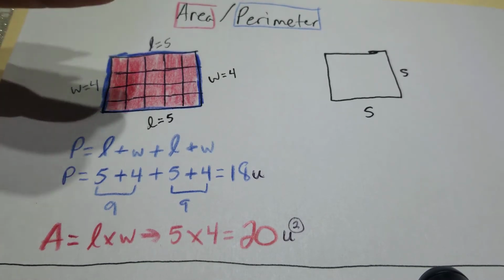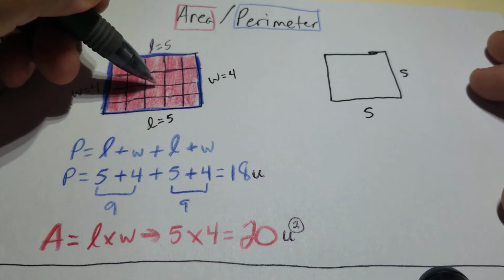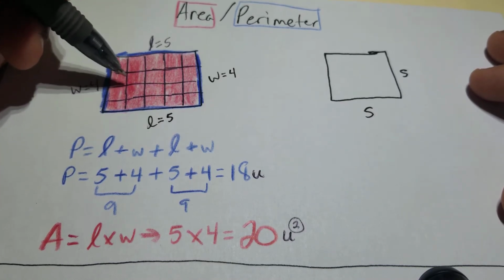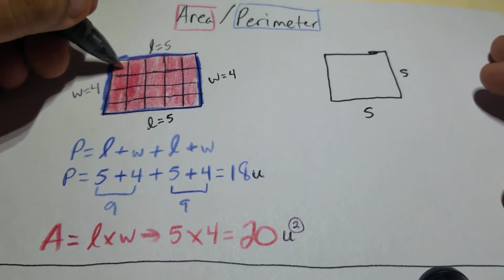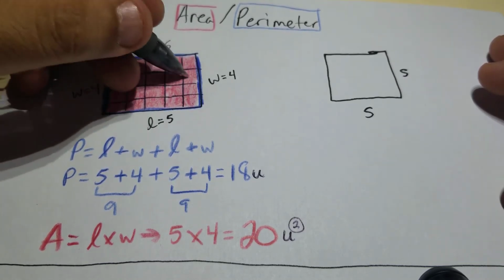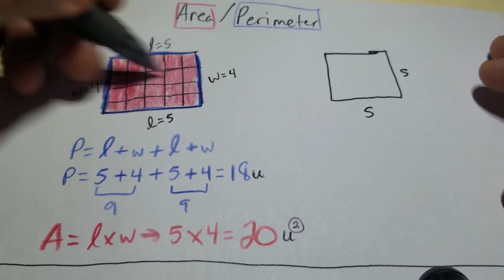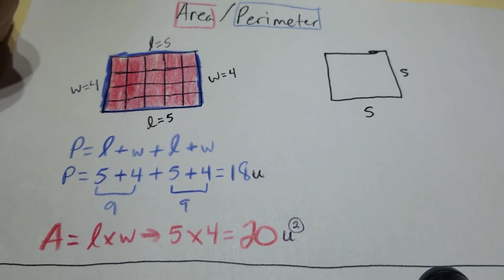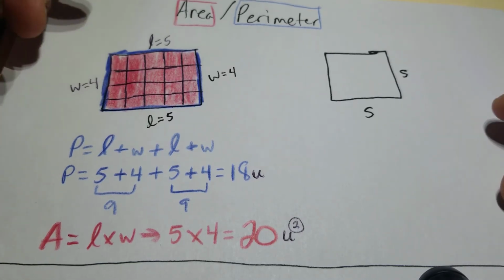And if you're wondering where you get the term square units from, it's because when you find the area, you're looking for basically smaller squares inside the overall figure. So if you count them, 20 squares are inside this overall rectangle. So therefore, 20 square units inside the rectangle.